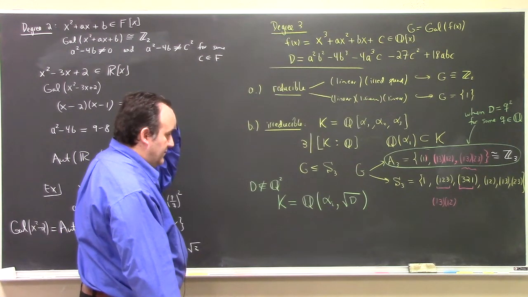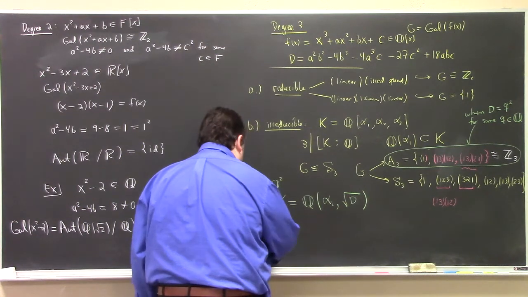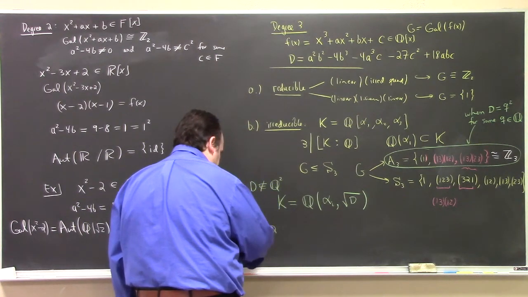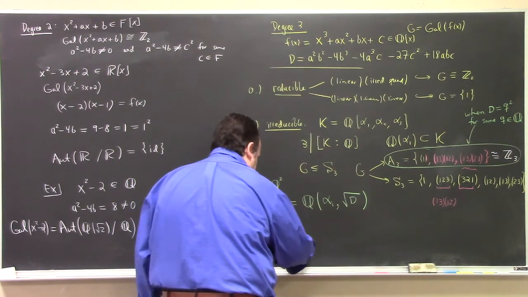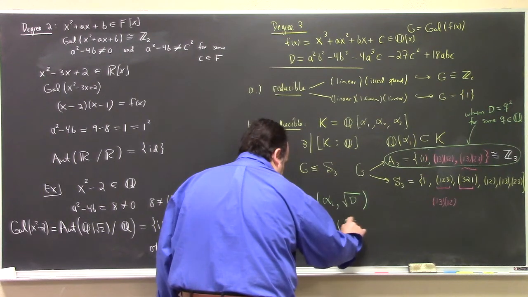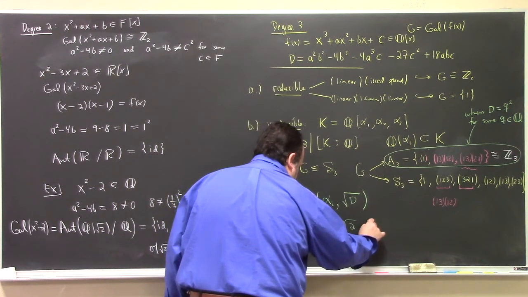And that's what we saw, right? For example, the x cubed minus 2 case, that example we looked at. There the splitting field was Q adjoin the third root of 2, and i.